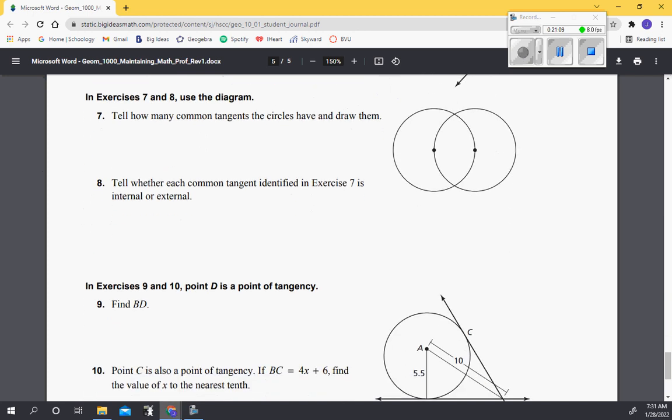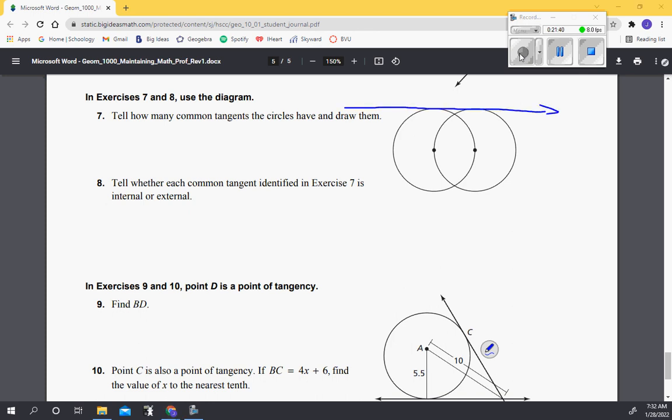Let's go down here. It says, tell how many common tangents the circles have and draw them. Remember, tangent touches the circle at 1 point. We want to know how many common tangents they have. For circles that kind of intersect at 2 different points, there's only going to be 2 tangent lines.